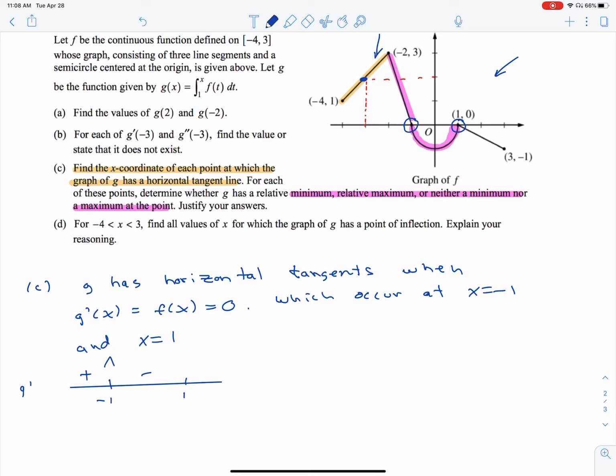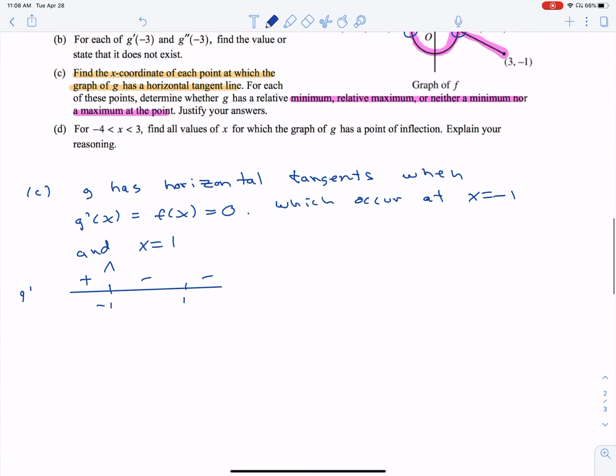Now, let's look at 1. So again, to the left of 1, we already know it's negative. To the right of 1, I think you'd agree, it stays negative, right? It's still below the x-axis. So in other words, we have a stall, neither a minimum nor a maximum at 1. Okay, so at -1, there's a maximum. At +1, there's neither a minimum nor a maximum.